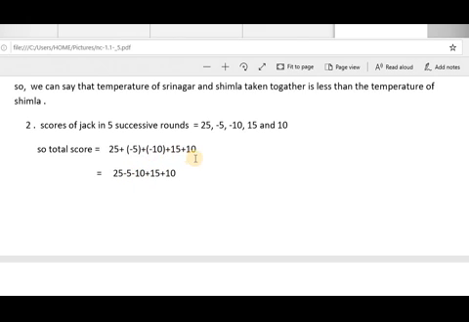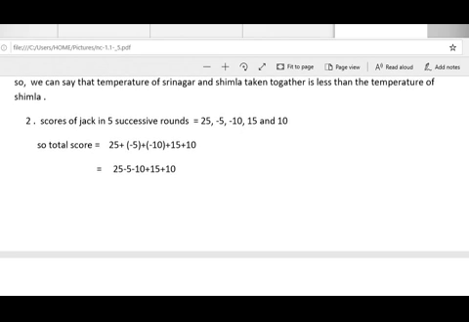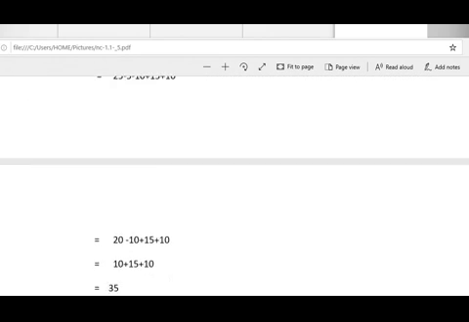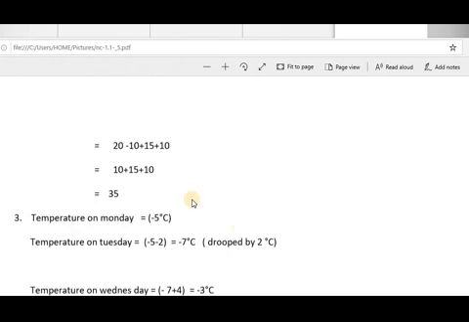So it equals 25 minus 5 minus 10 plus 15 plus 10. Now it equals 20 minus 10 plus 15 plus 10, that means 10 plus 15 plus 10, and it will be 35 marks. So in 5 successive rounds, he gets a total of 35 marks.